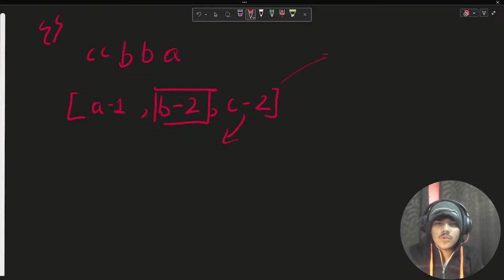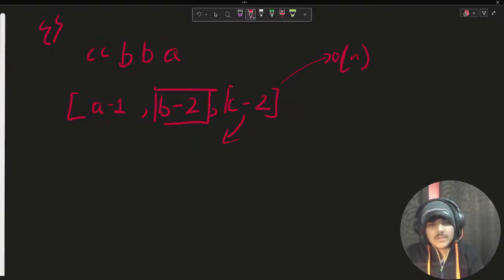With O of N, we can do that. Yes, we can print C also. Okay, so basically we don't have to print this, but we have to print the element that is coming first in the array. Okay, this is the array approach, right?